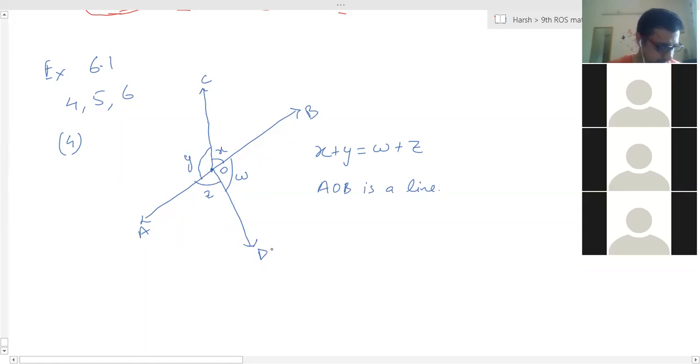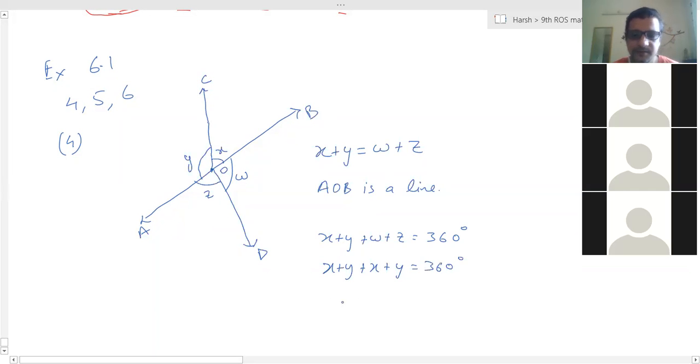So yes, tell me Srinidhi how you did. So x plus y plus w plus z is equal to 360 degrees because it's a complete angle. Then since x plus y is equal to w plus z, we can write it as 2 times x plus y is equal to 360 degrees. So x plus y is equal to 180 degrees.